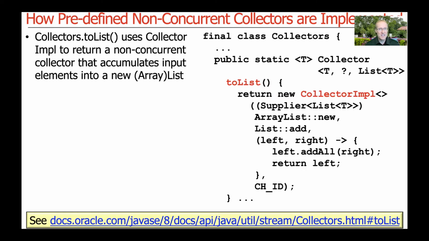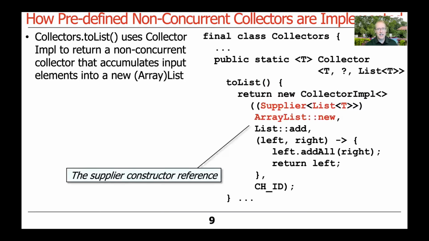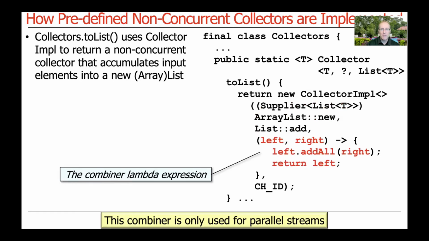You can see it has a lambda expression that indicates what will be provided as the combiner, which will be used to combine two collections together if this was a parallel stream use of this non-concurrent collector. And then finally, it takes the characteristics, which in this particular case, we'll see in a second what it does. So here's the supplier constructor reference. Here's the accumulator method reference. Here's the combiner lambda expression, only used for parallel streams.